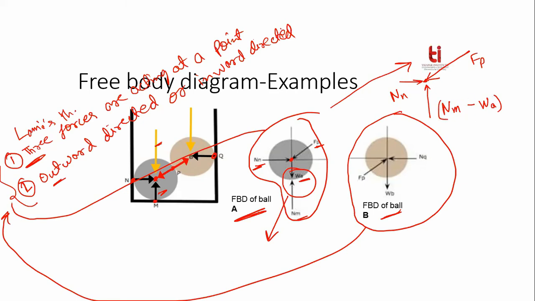So if you draw an FBD like this, can you apply now? Yes, now we can apply. Yes. So in this way, you can simplify the FBD and you can apply Lami's theorem. So whenever you see four forces acting at a point, don't be afraid. Just simplify it and get a system of three forces.